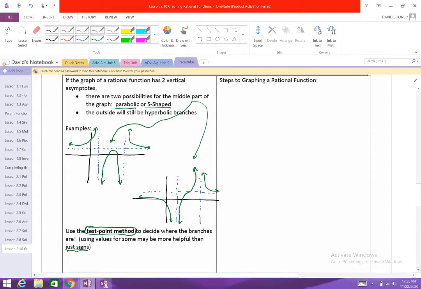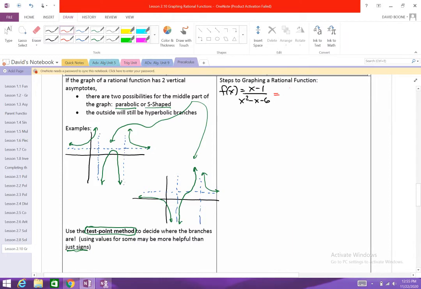Okay. All right, so let's play around here a little bit. And let me just give you a function here. So let's go f of x equals x minus 1 all over x squared minus x minus 6. Okay, so now remember, always our first step should be to factor this.